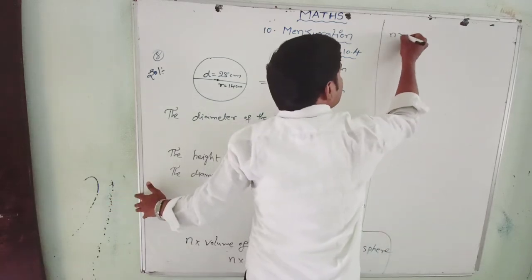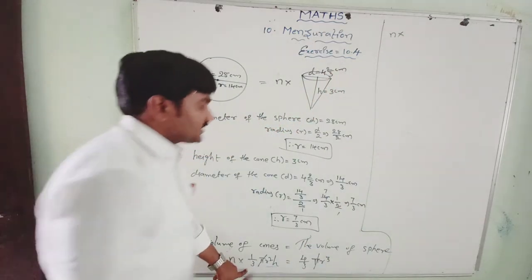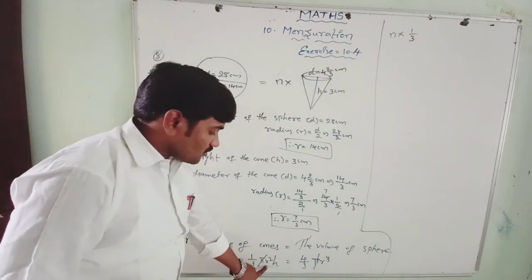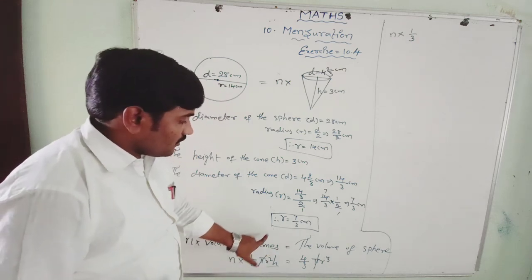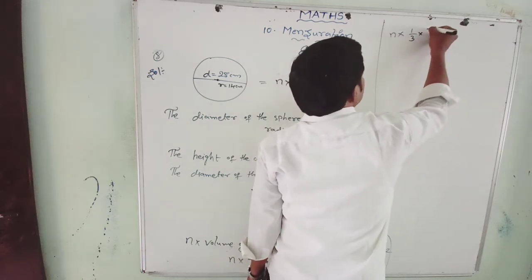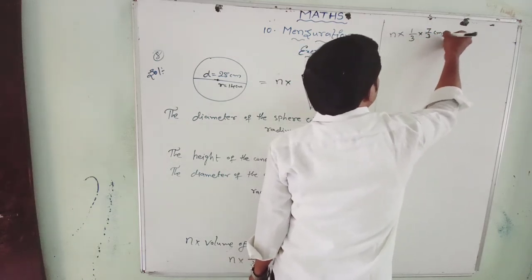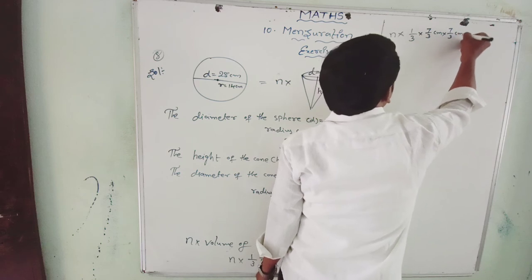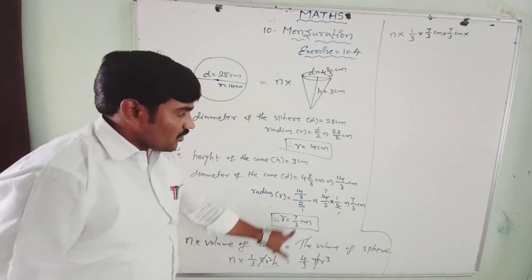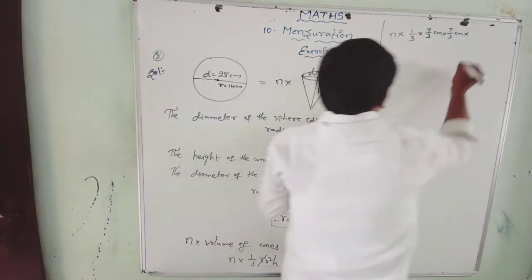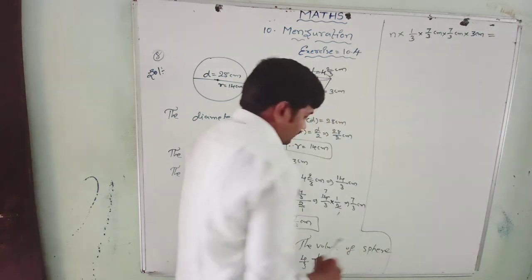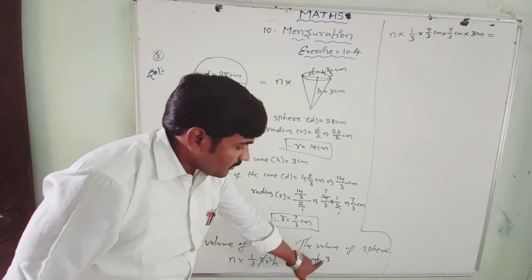So let us do the remaining things now. Here n into 1 by 3 r square. R in the sense the radius of the cone, 7 by 3 centimeters. So 7 by 3 centimeters into 7 by 3 centimeters into the height of the cone, which is 3 centimeters, equals the volume of the sphere, 4 by 3 pi r cube.